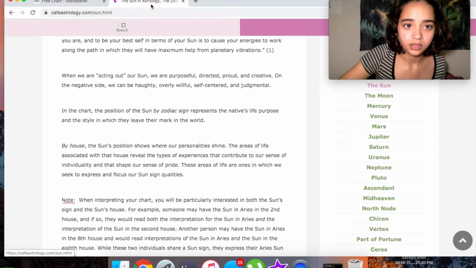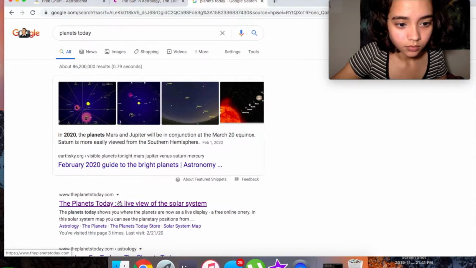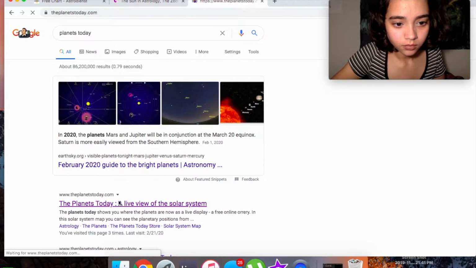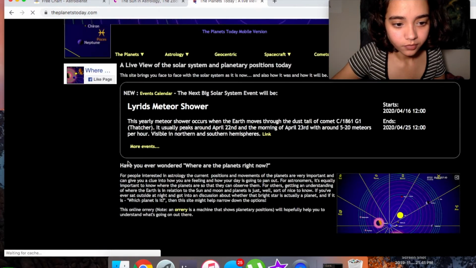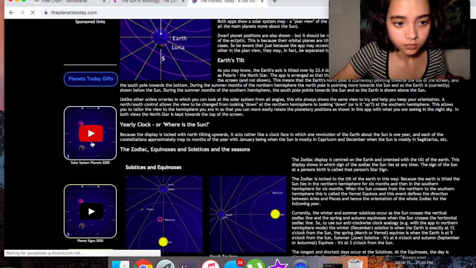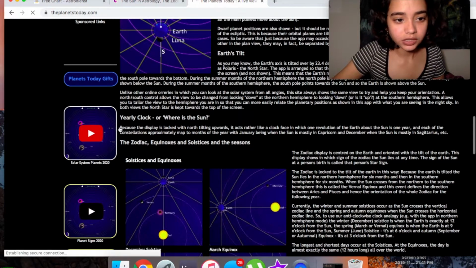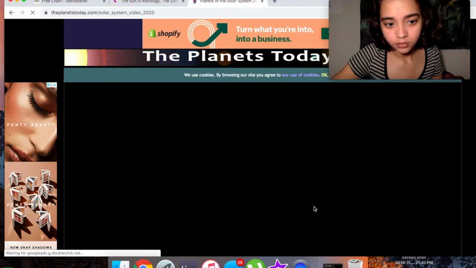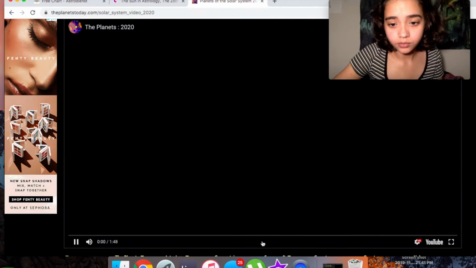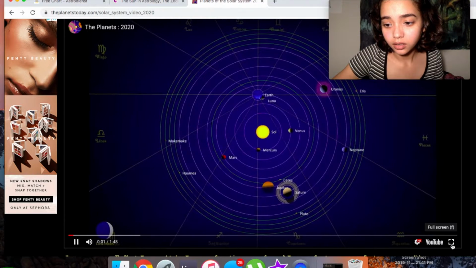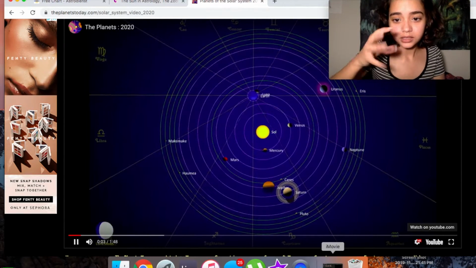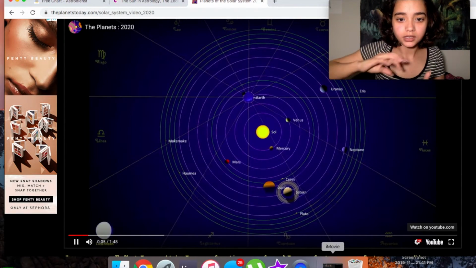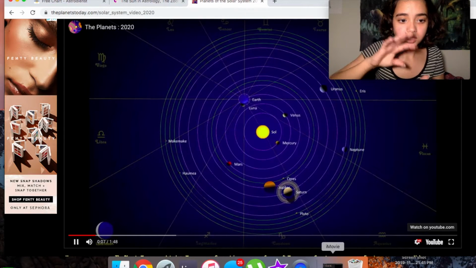Look, you see here, the planets are moving, rotating constantly. Like everything's just rotating and moving constantly and changing.